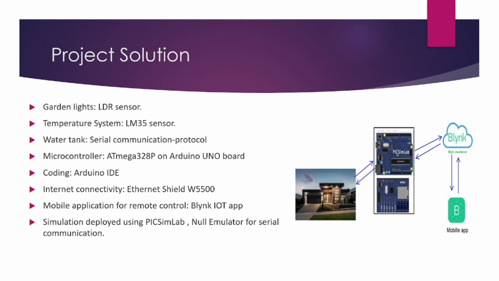Specifically, we have used the Arduino controller, the ATmega328P. To code, we have utilized the software Arduino IDE. Through the mobile application, which is Blynk IoT, we remotely control the above requirements. To do the simulation, we have used PICsimLab, along with a null modem simulator for serial communication.